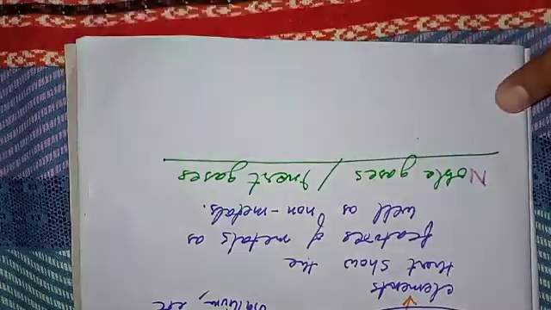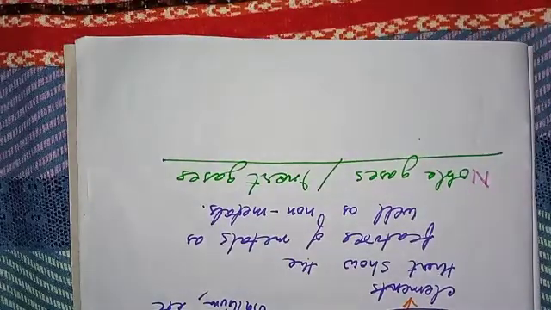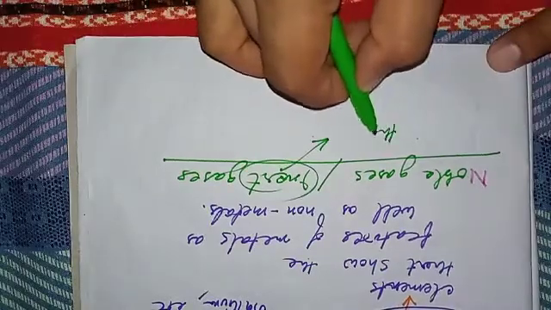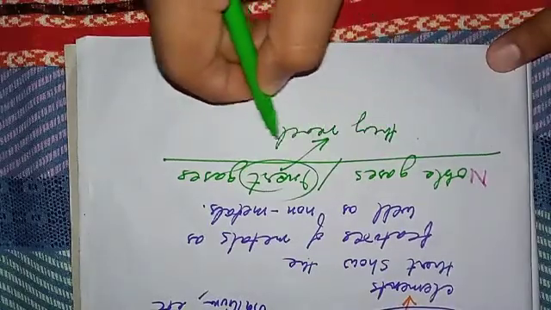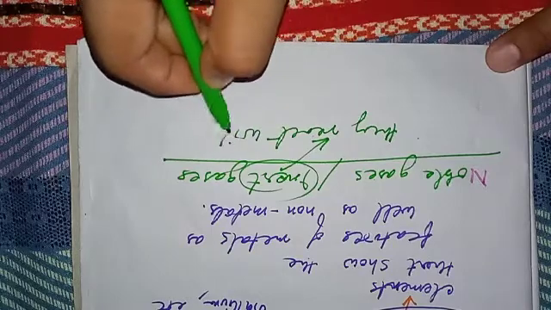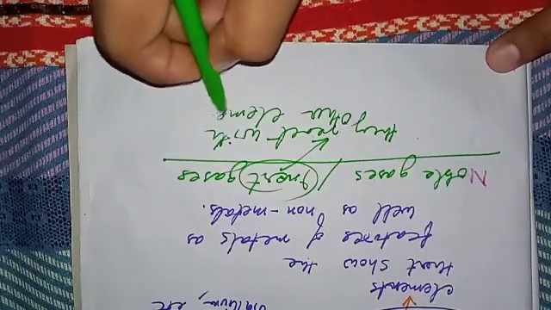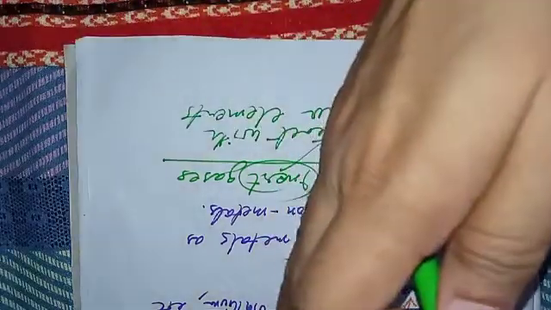Why are they known as inert gases? Because they don't react with other elements. So they are inert in nature. They don't react with other elements, and that's why they are noble.